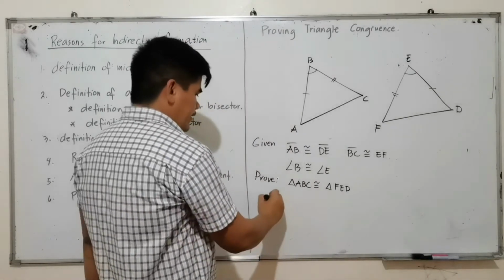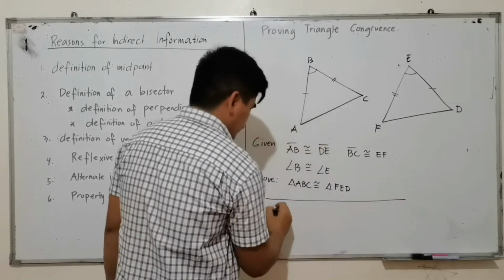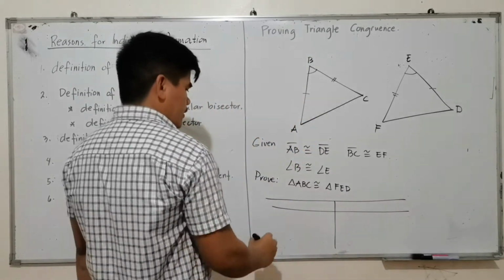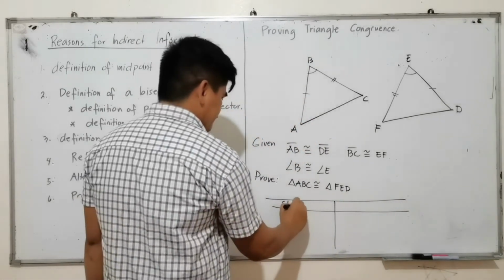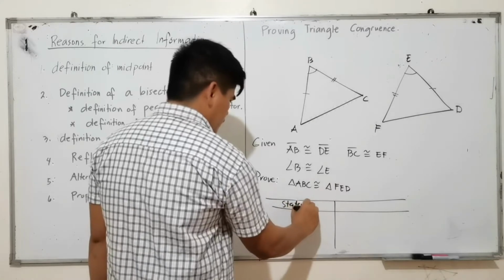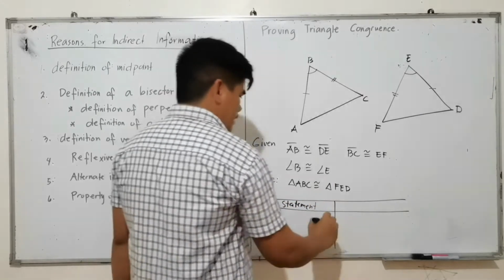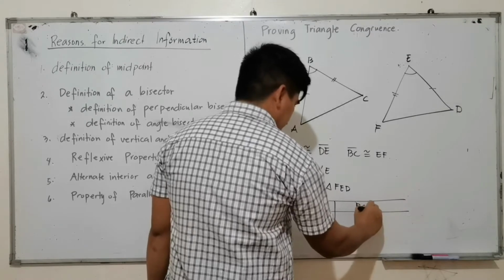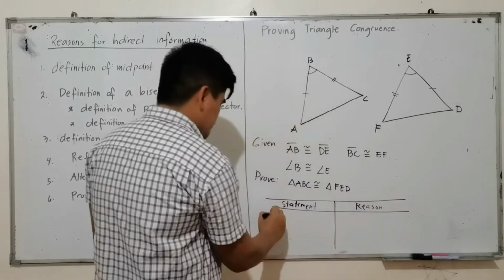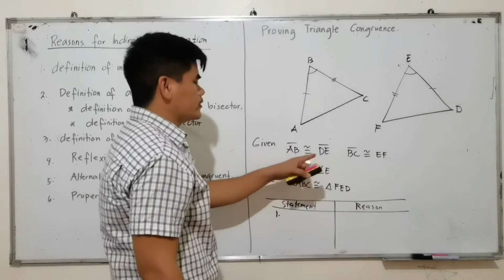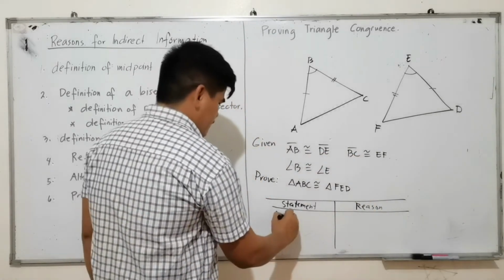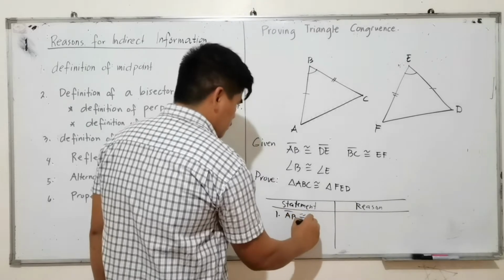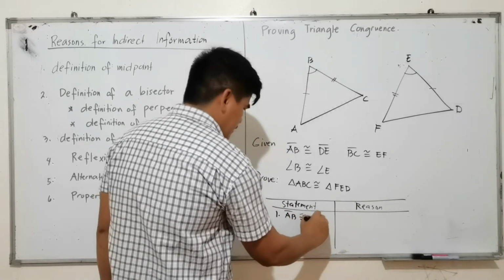If we are going to make a two-column proof, we have the statement and the reason. First, we write all the given information. We have AB is congruent to DE.